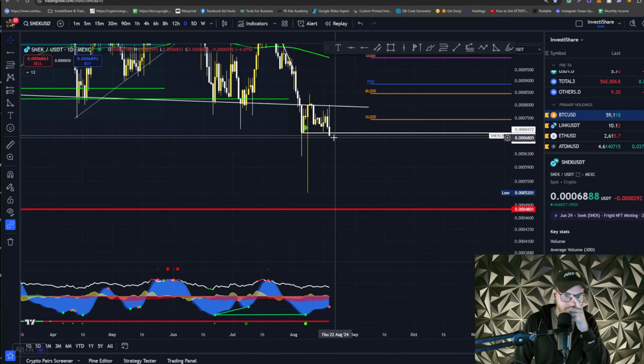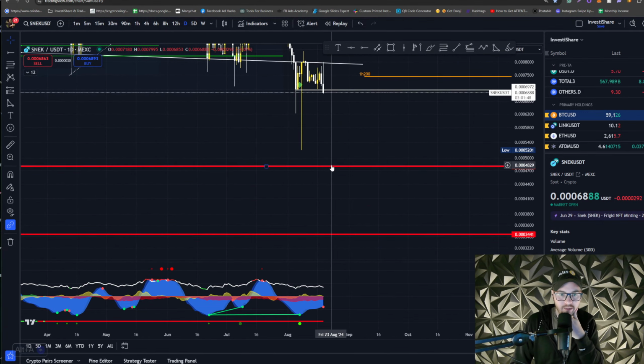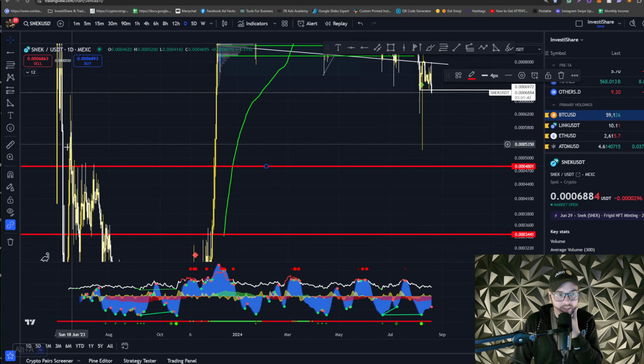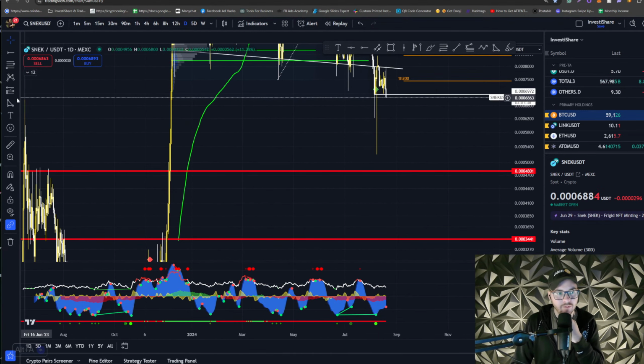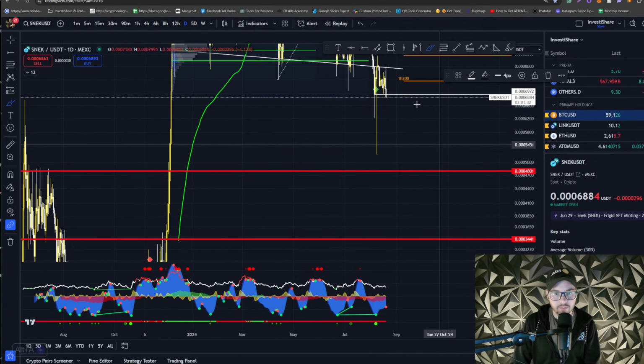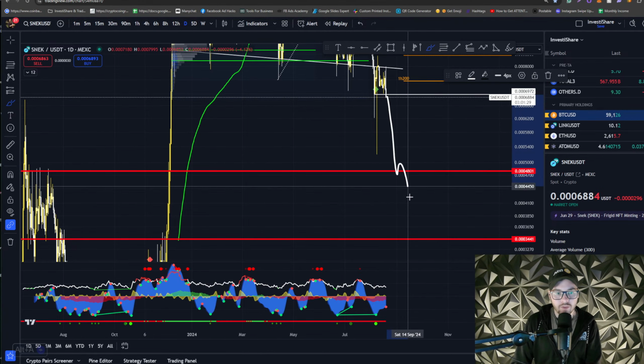If that confirms, it's going to come right down to as low as this area here first. That's your first pit stop, and that's just based on previous resistance. But if you look at this chart, all this can be reclaimed so quickly. We can go right through that and land here.